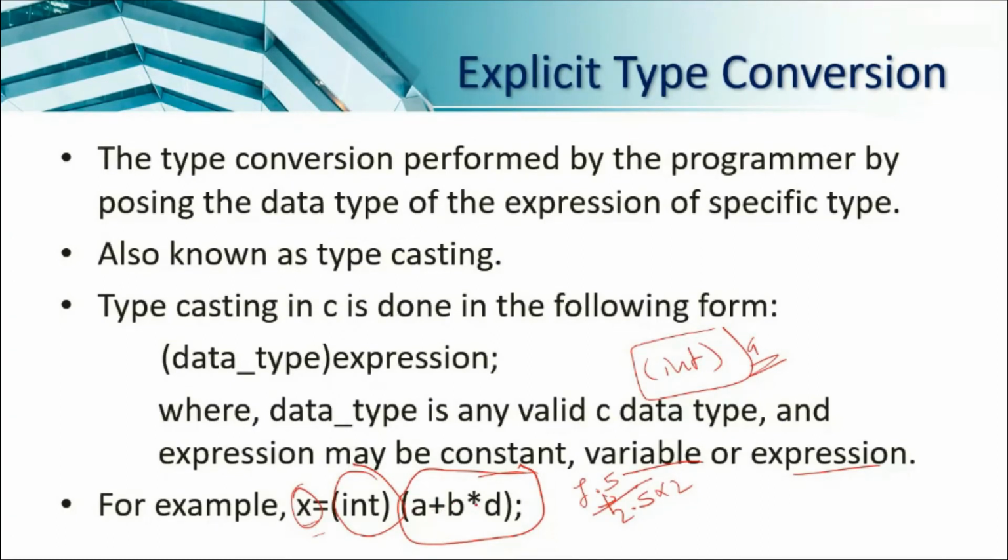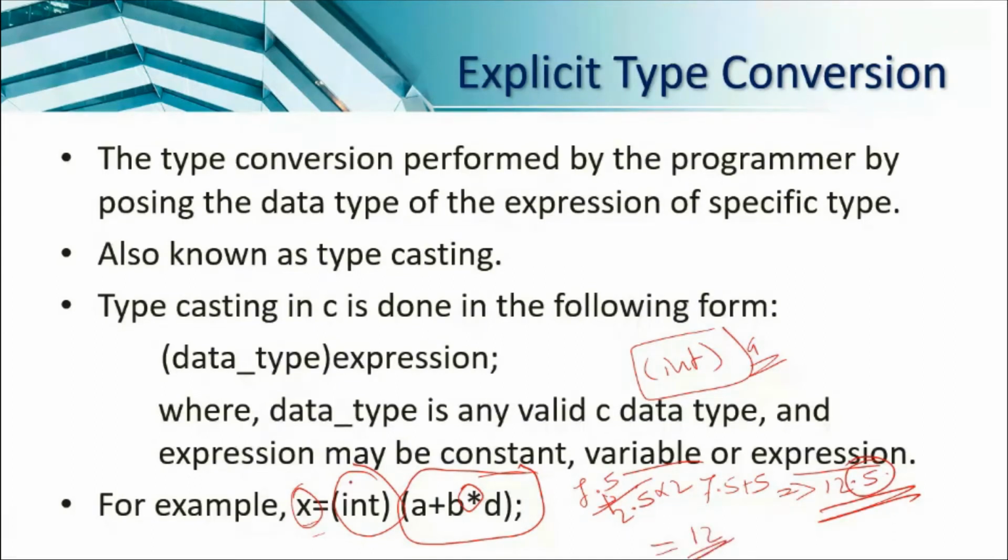In this case, since the operator precedence of multiplication is higher, 2.5 into 2 will happen first. So it is 5, and 7.5 plus 5 will be evaluated to 12.5. Since this is an integer, the decimal part will be truncated and the answer will be 12 only.